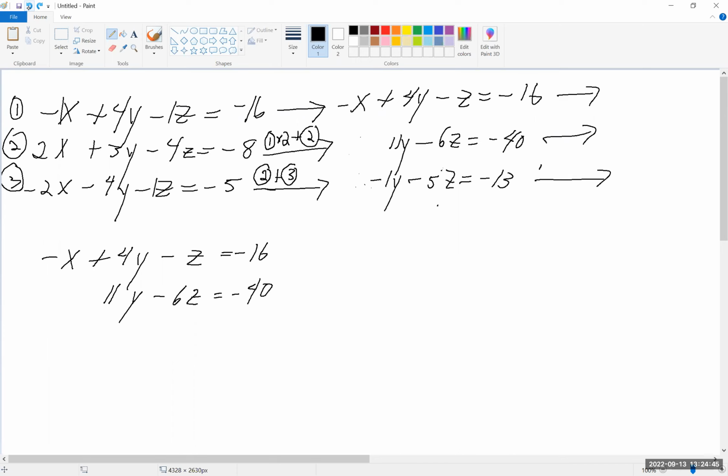So what I'm going to do, this is going to simplify things quite a lot. I'm just going to multiply that equation by 11. That's what we should do. So now I've got negative 11 here, negative 55. And then 13 times 11 is 143.